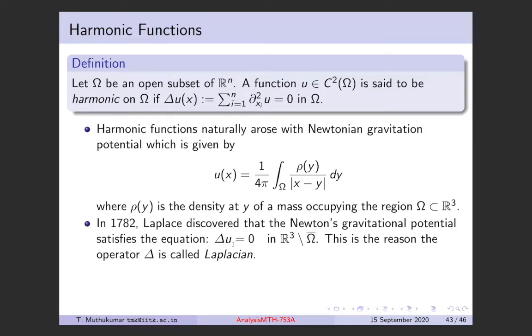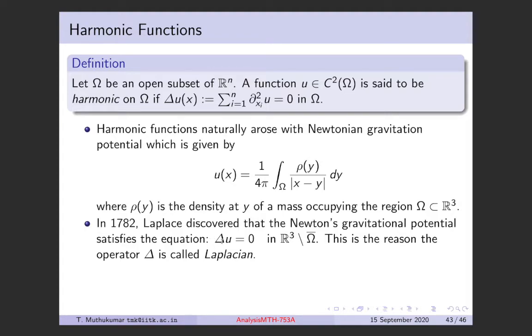So this is the complement of the closure of the material. That is, this is an open set, right? This is the PDE on the open set here. So Laplace figured out that it's actually a harmonic function outside the body. In fact, today we call this the Laplace operator because of that reason.